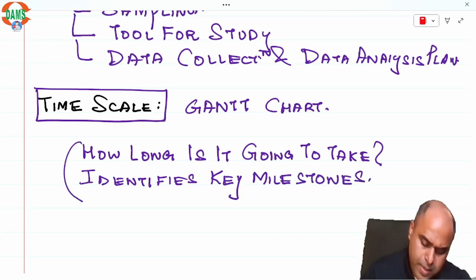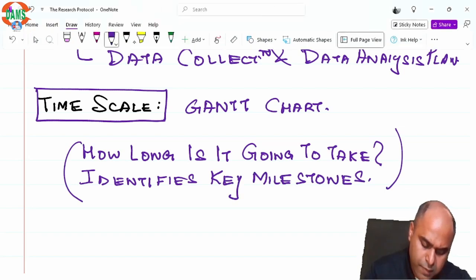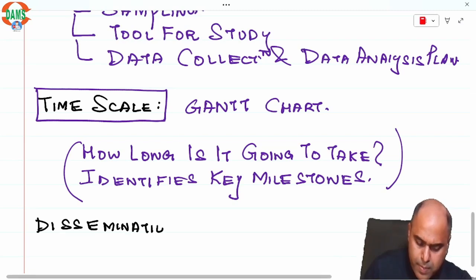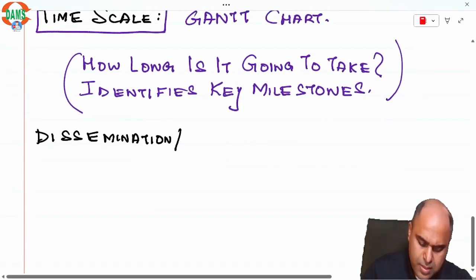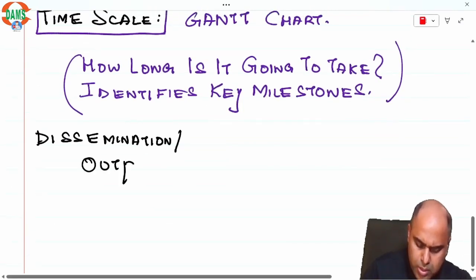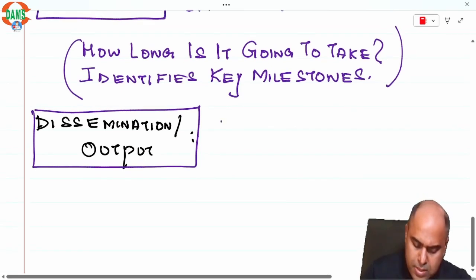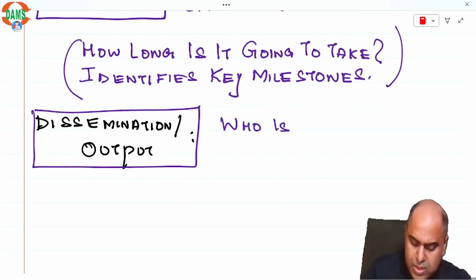After this, we have to put up a segment on the dissemination and the output which we expect. The first is, who is the target audience?